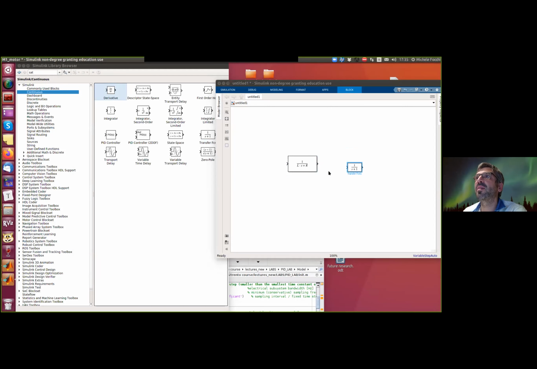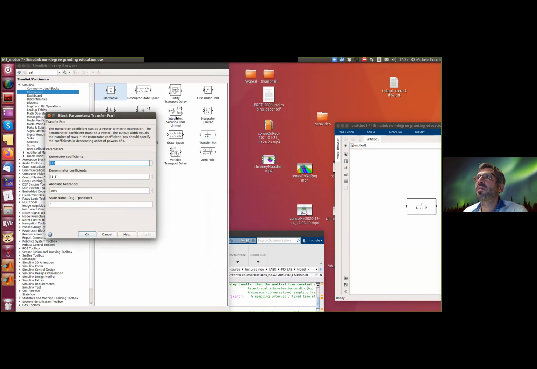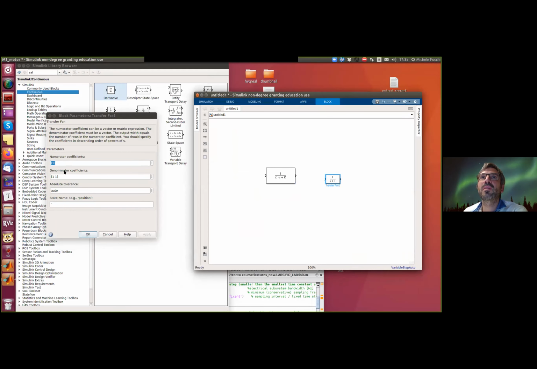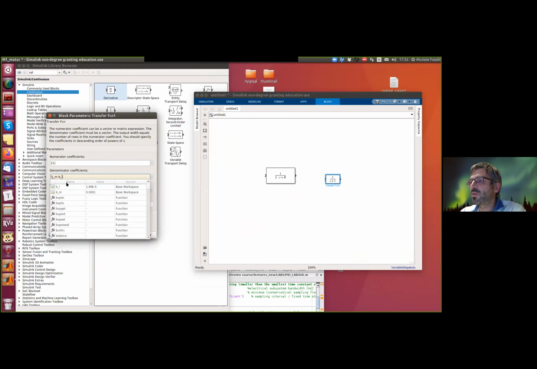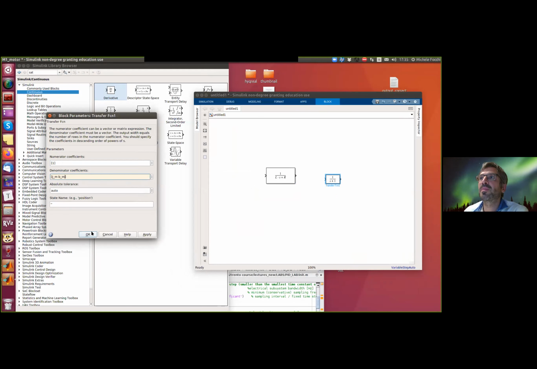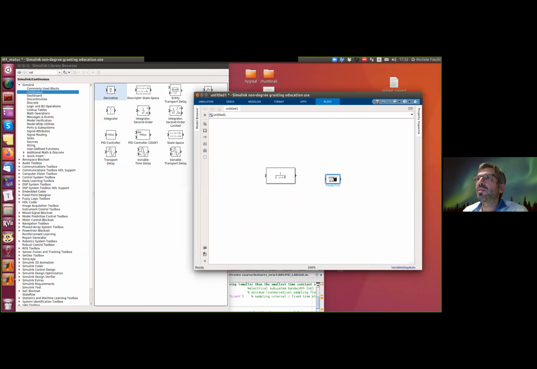For the mechanical dynamics, you have 1 at the numerator, and at the denominator you have the inertia of the rotor of the motor, and the viscous friction of the motor. That's it. We have the mechanical dynamics here.